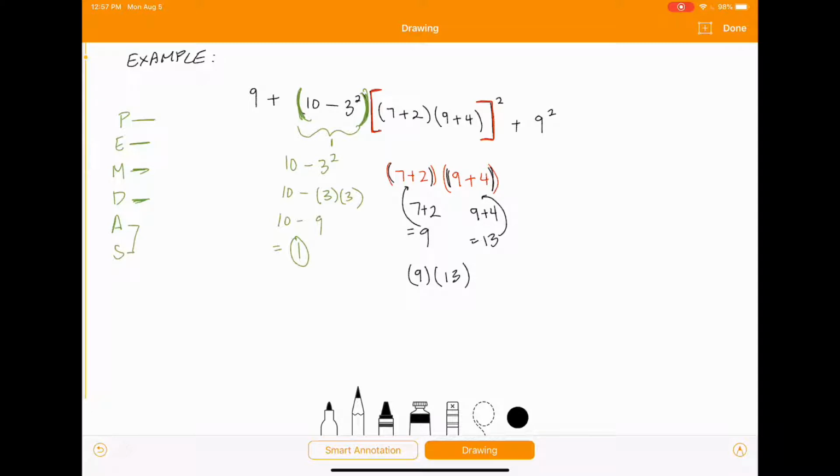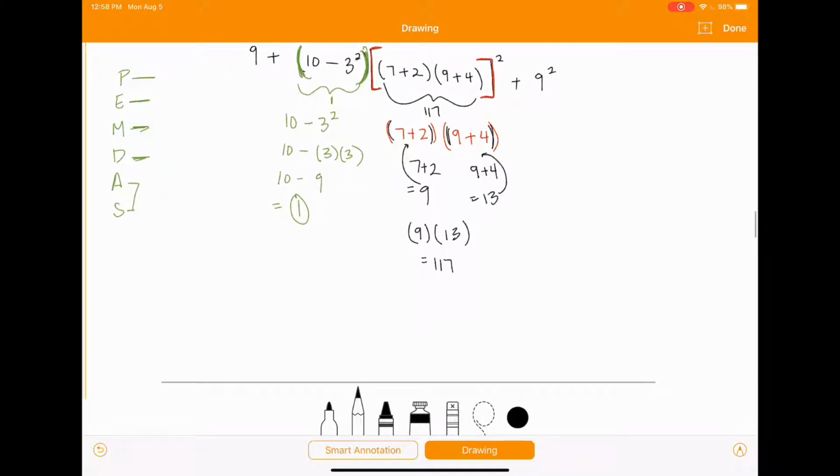There are no exponents. So now we can go ahead and move on to multiplication. So 9 times 13 equals 117. So this whole expression here, we're going to replace with a 117. All right, so now we're going to go ahead and rewrite this expression.